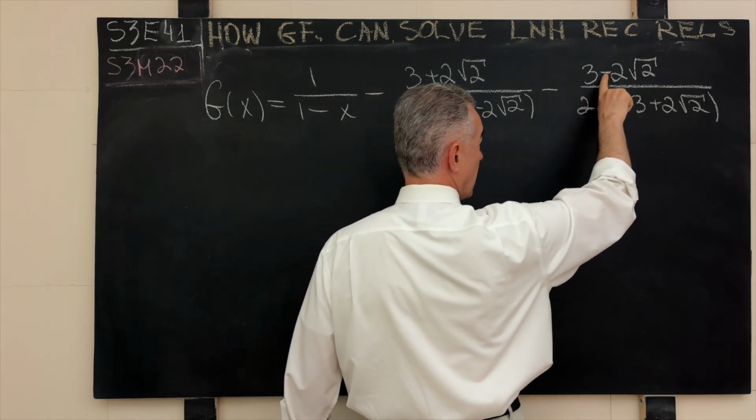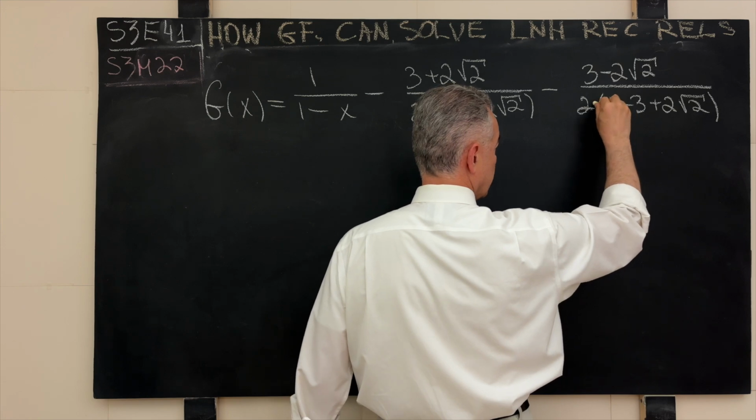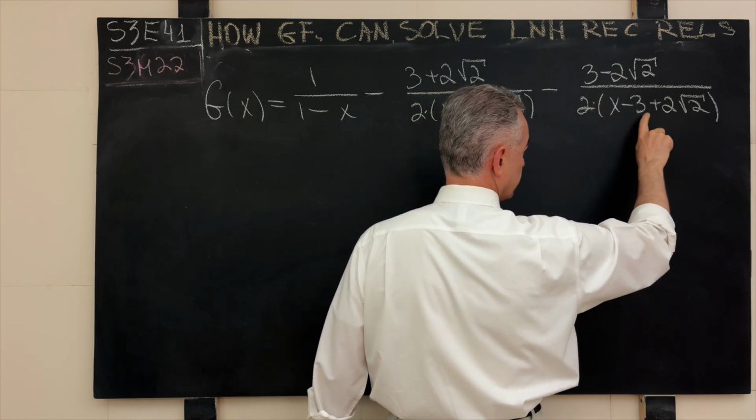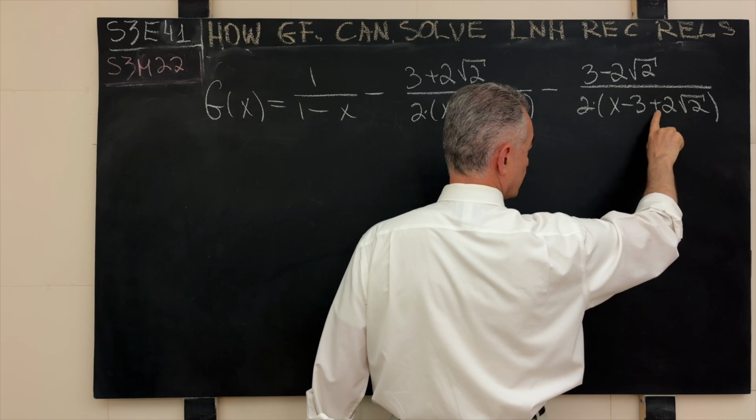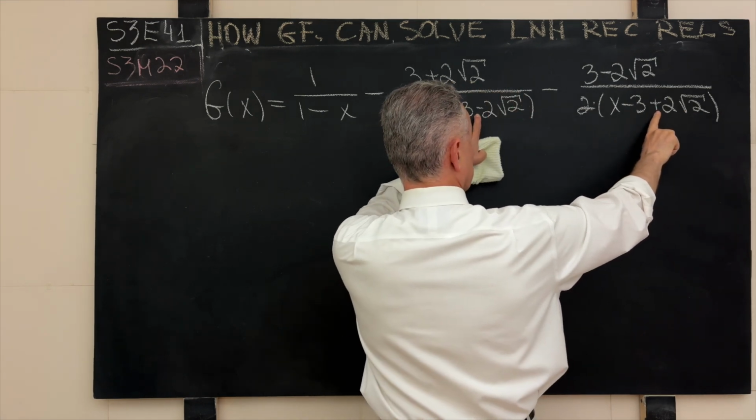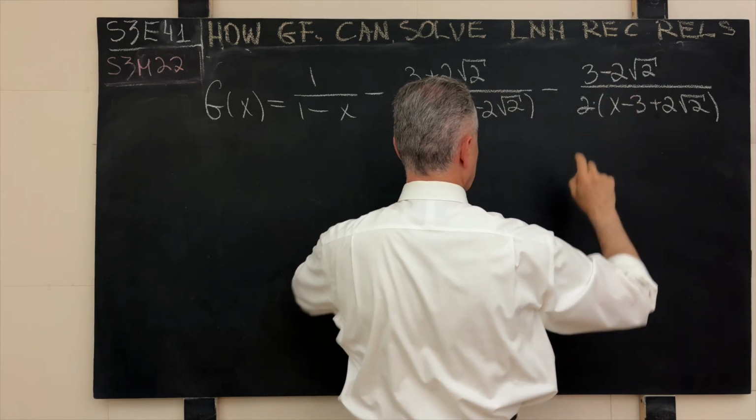Here, -3 minus 2 square roots of 2 divided by 2 times x minus 3 plus 2 square roots of 2. Don't forget we have the difference here, plus and minus.